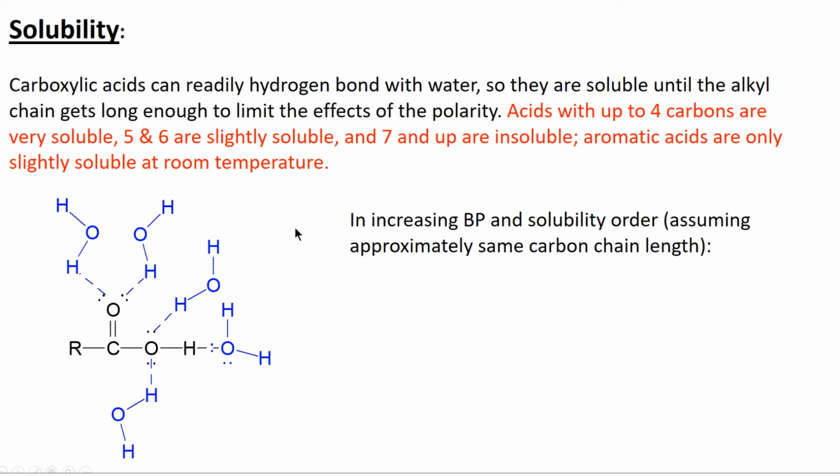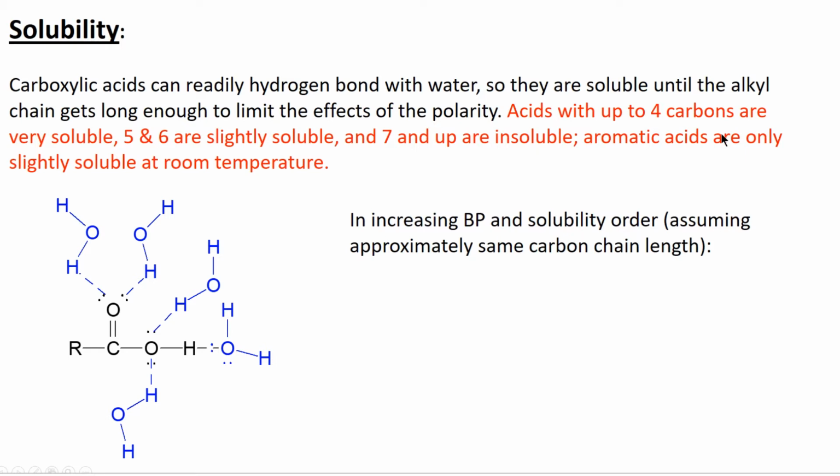So solubility tends to go hand in hand with melting points and boiling points. Carboxylic acids have the highest melting and boiling points, because they love to hydrogen bond. Another molecule that loves hydrogen bonding is water, which is why carboxylic acids dissolve so easily in water.